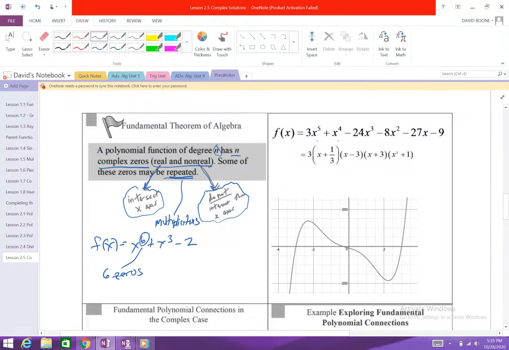So that's what we're going to look at now, finding those complex roots as well. What we just did was the rational roots, and they worked out really nice. But now we're going to look at what we can do to find complex roots.